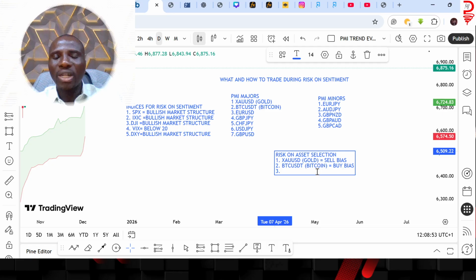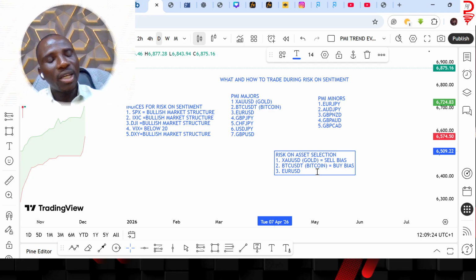And we'll now probably see if I can pick any trade based on our analysis. So number 3 is the EUR/USD. During risk on, we expect that capital will be flowing into USD. If you have seen the video on market sentiment overview, I mentioned that we have 4 different types of sentiment overview.